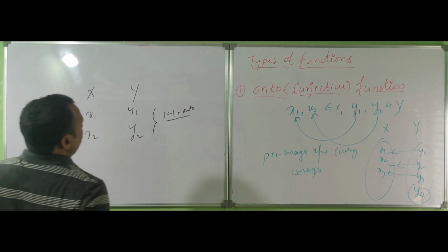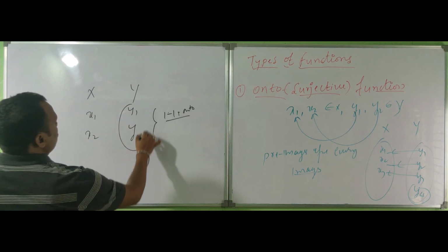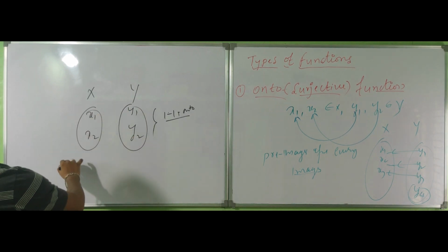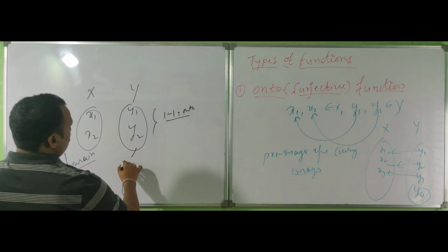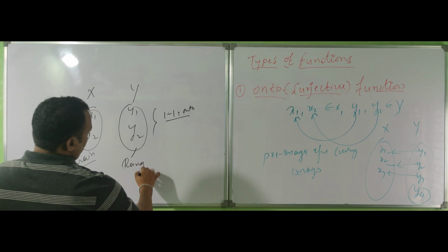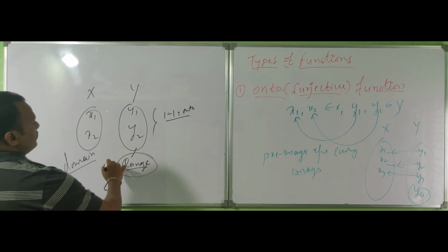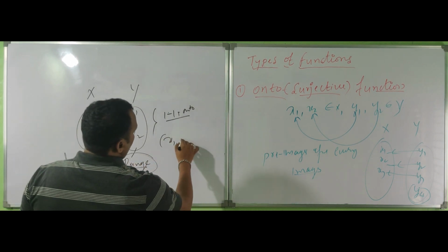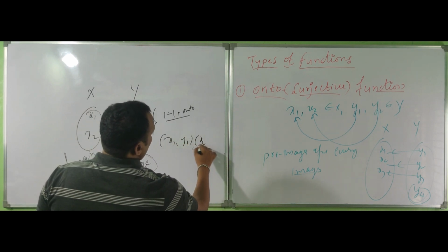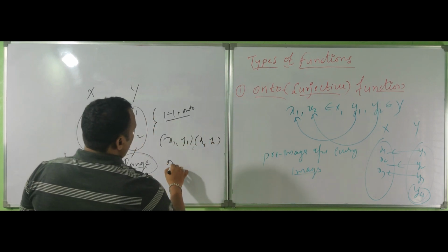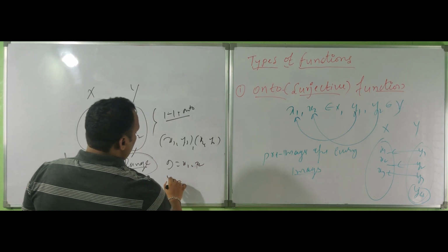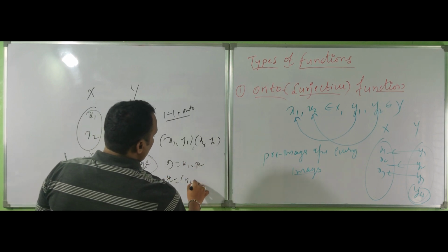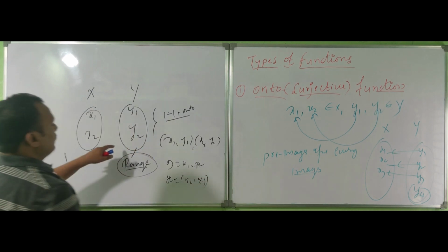This is the domain, and this is the range only. Range means x1 goes to y1 and x2 goes to y2. So domain you can write x1, x2, and range you can write y2, y1. And this is the codomain.